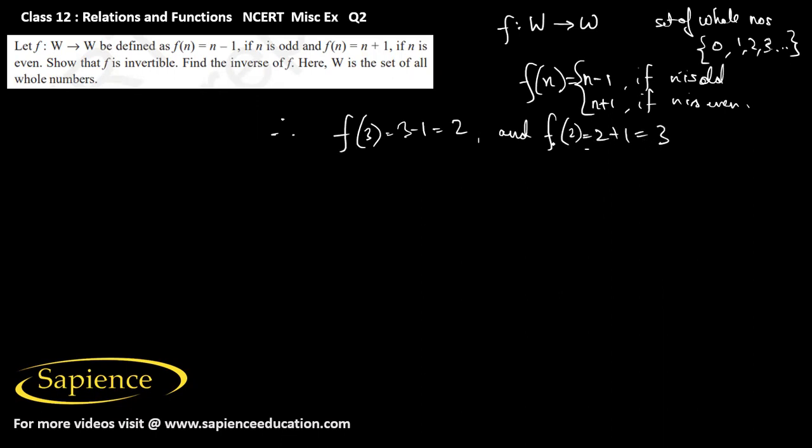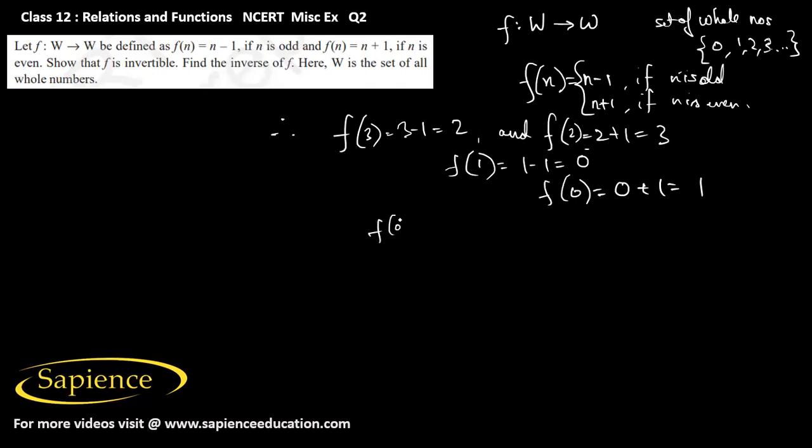So f of 2 is 3 and f of 3 is 2. Similarly, f of 1 will be 1 minus 1, that is 0. And f of 0: 0 is even, so that will be 0 plus 1, that is 1. So f of 0 is 1, f of 1 is 0. And f of 3 is 2, f of 2 is 3.